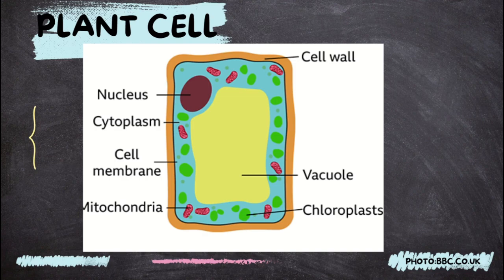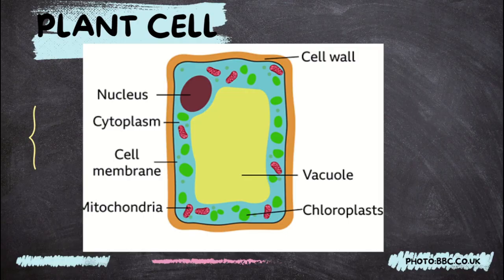So anyways, now onto the chloroplast. This chloroplast is very specific. It's 100% specific to plant cells, or any cell that is able to carry out photosynthesis. Let me just say that.